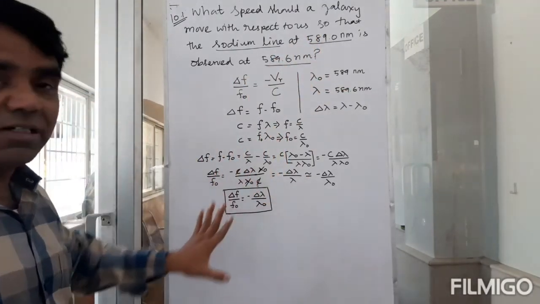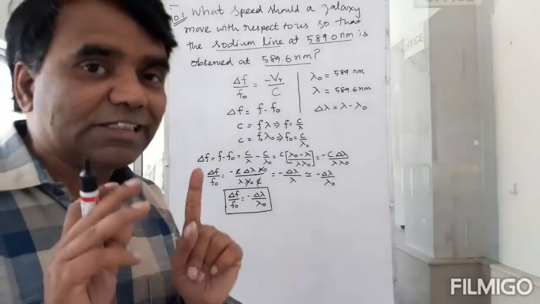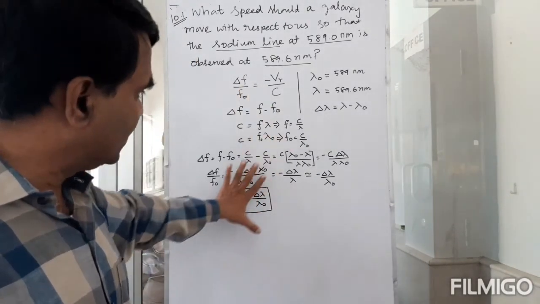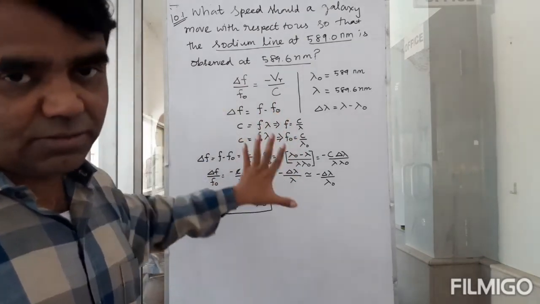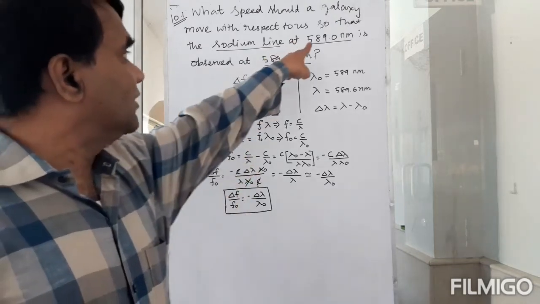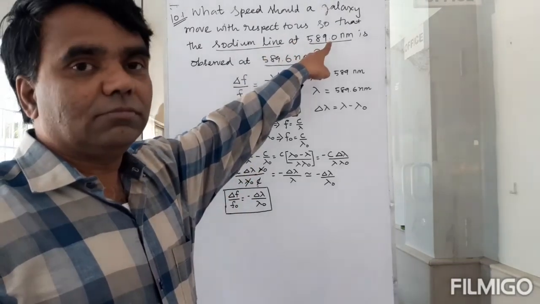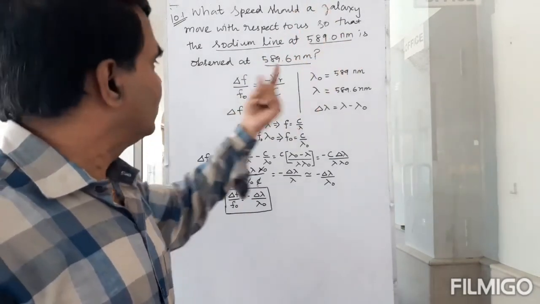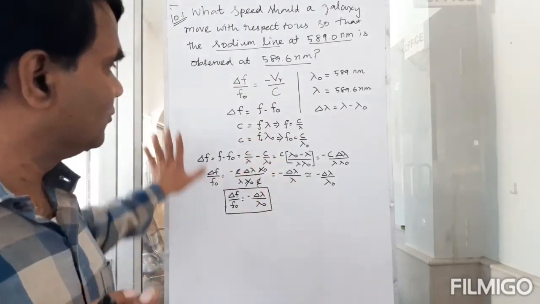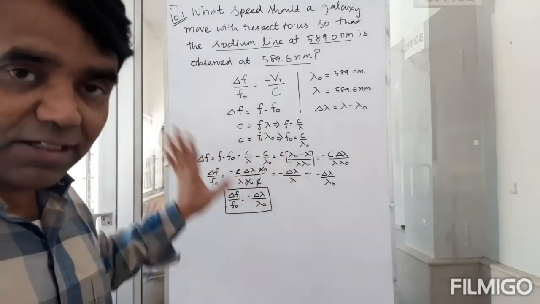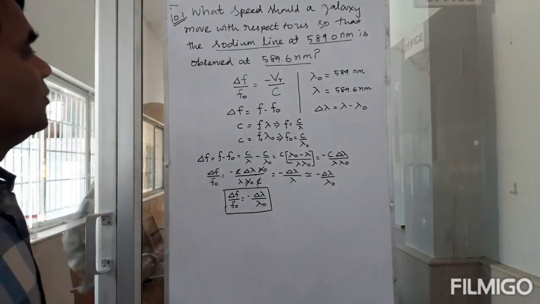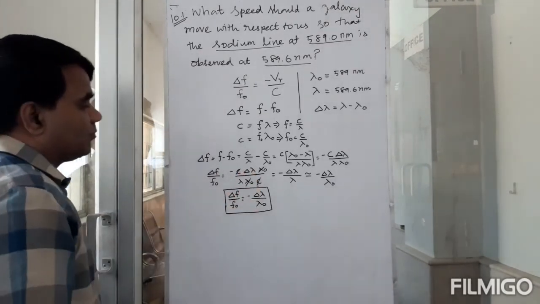This is what is given in the textbook, so I wanted to explain why they got this expression. You don't need to worry about it. Once you know this, the rest is easy.